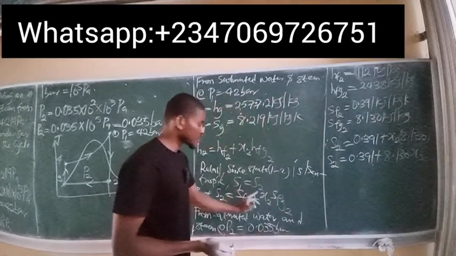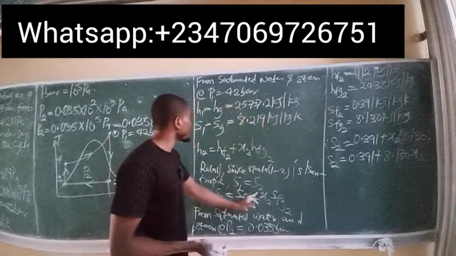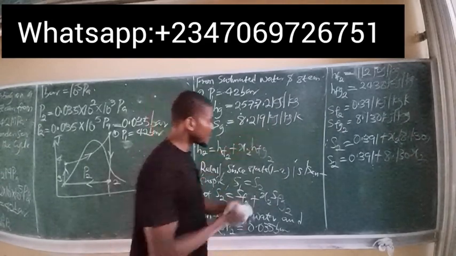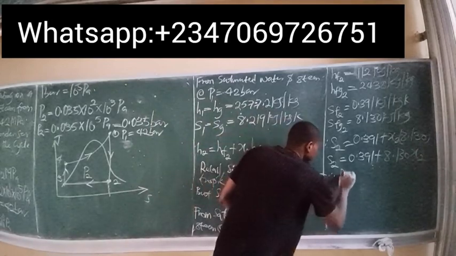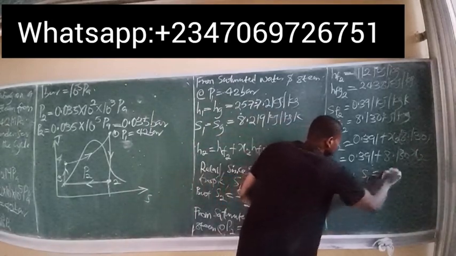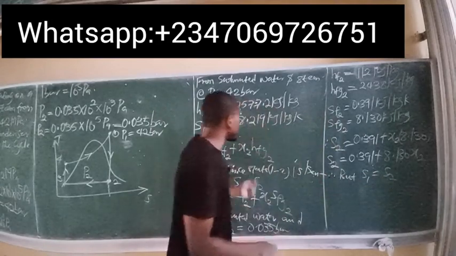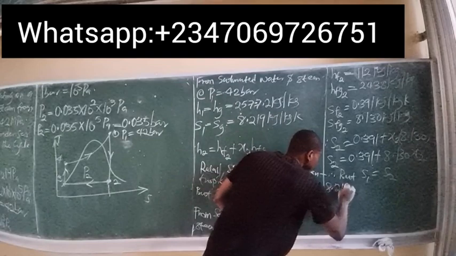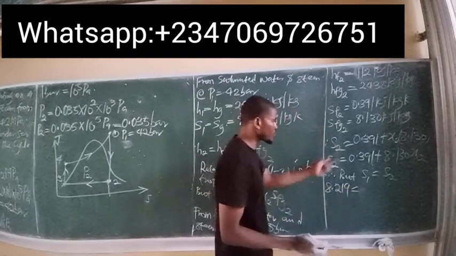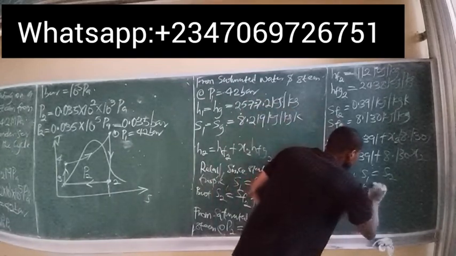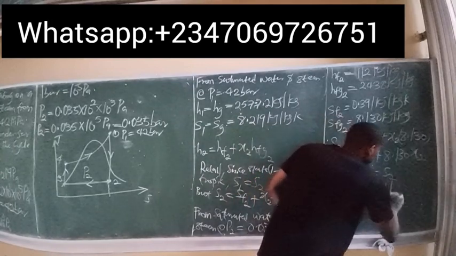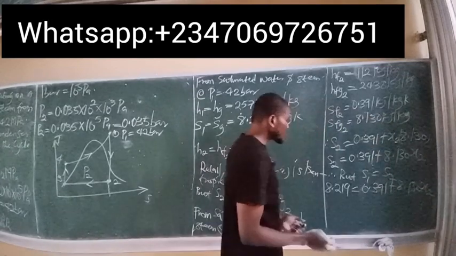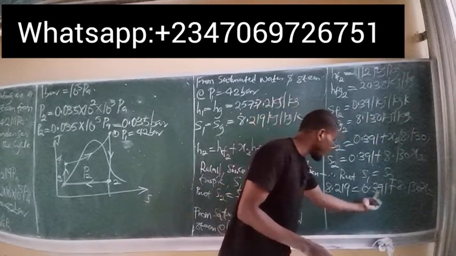Recall S1 equals S2, and we know the value of S1 already. S1 we obtained as 8.219. But S1 equals S2. S1 itself is 8.219, so you pick it out. 8.219 equals S2, and S2 is the whole of this value, 0.391 plus 8.130 X2. So we simply send 0.391 over here.